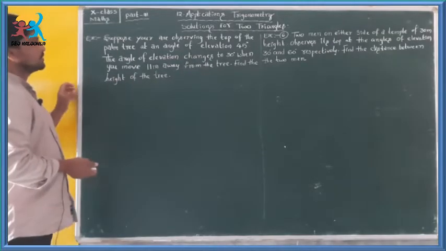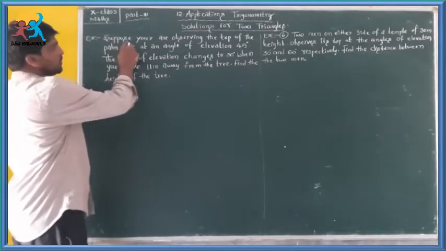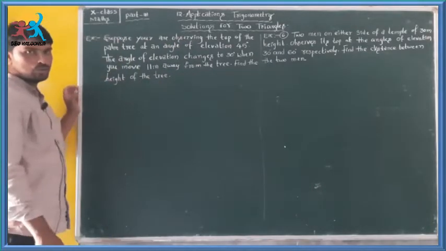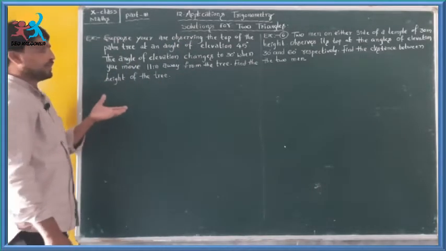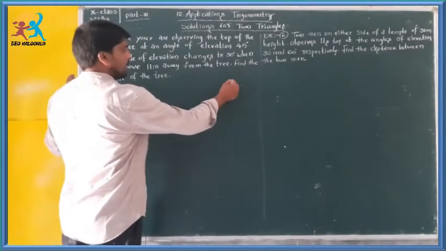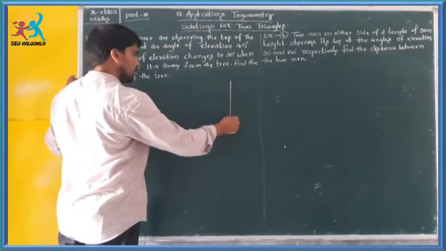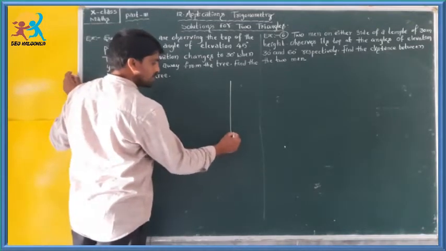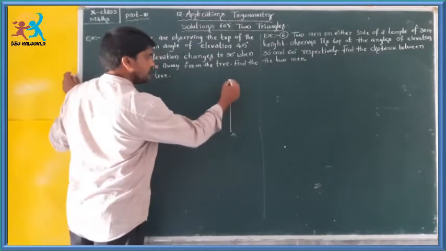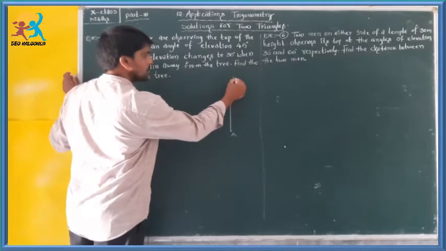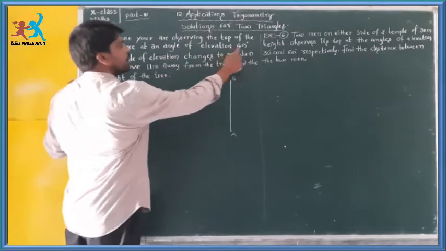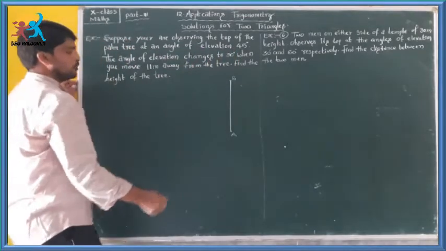The first one is that suppose you are observing the top of the palm tree. Let us denote the palm tree by a vertical line. Base of the palm tree is A, top of the palm tree is B, at an angle of elevation 45 degrees.